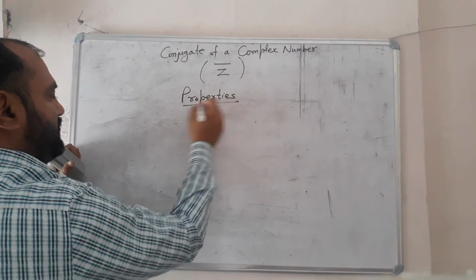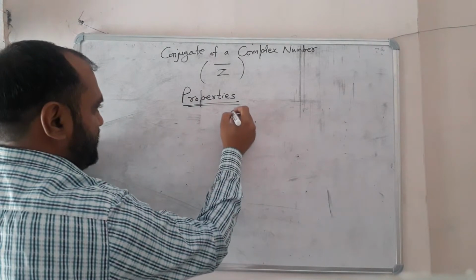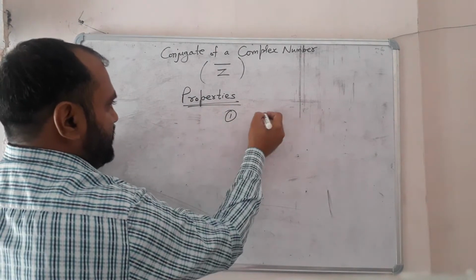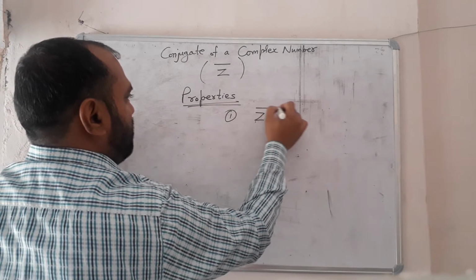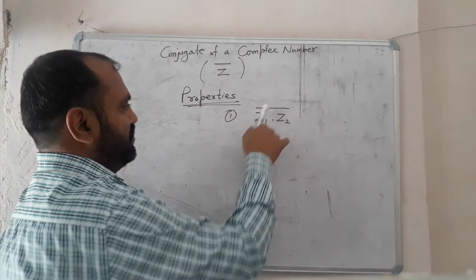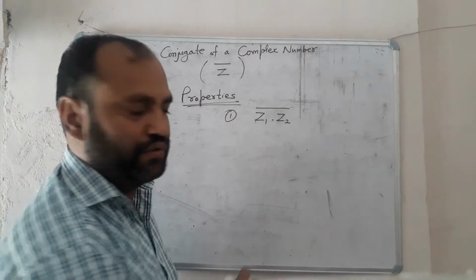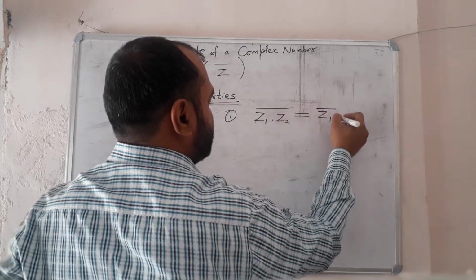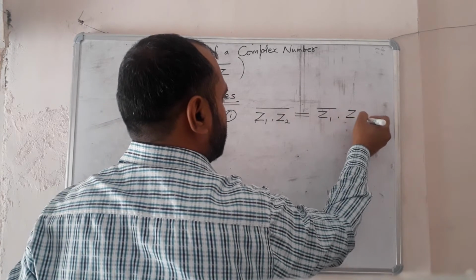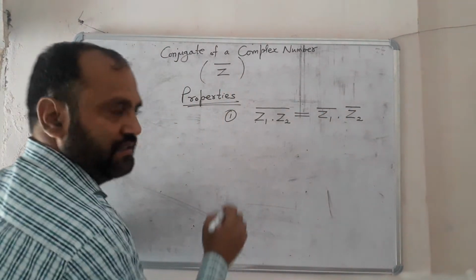First property is Z1 into Z2 whole bar, means the conjugate of Z1 Z2, is always equal to Z1 conjugate into Z2 conjugate.